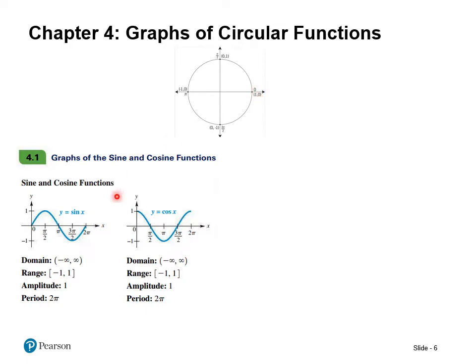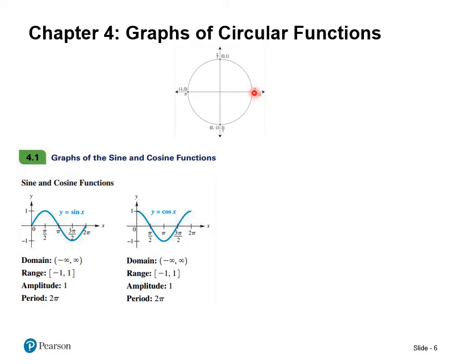So we have 0, 0. So we're starting at the origin. What we're doing here is if you think about the angle as being the x value, instead of going around the circle, we've straightened it out. So we go from 0 to 2 pi here, which is 1 revolution.